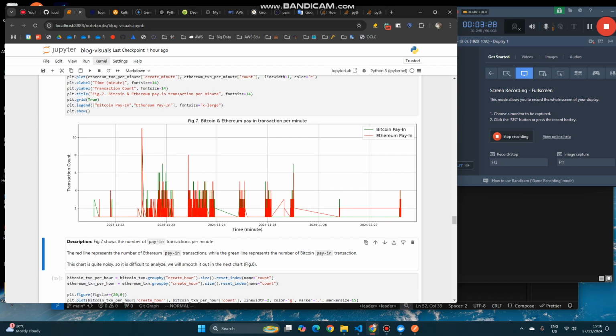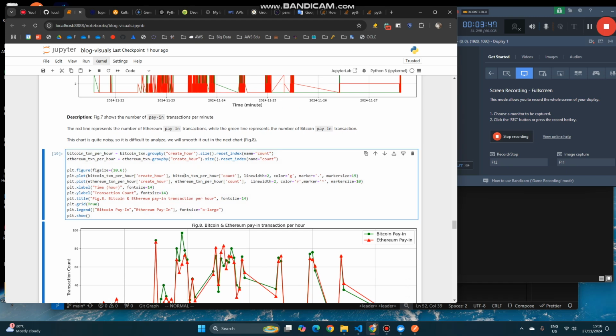This plot is about the pay-in transaction that the users in the system make every per minute. So this chart is quite noisy, so it's difficult to analyze. So we're gonna split it in the next chart.